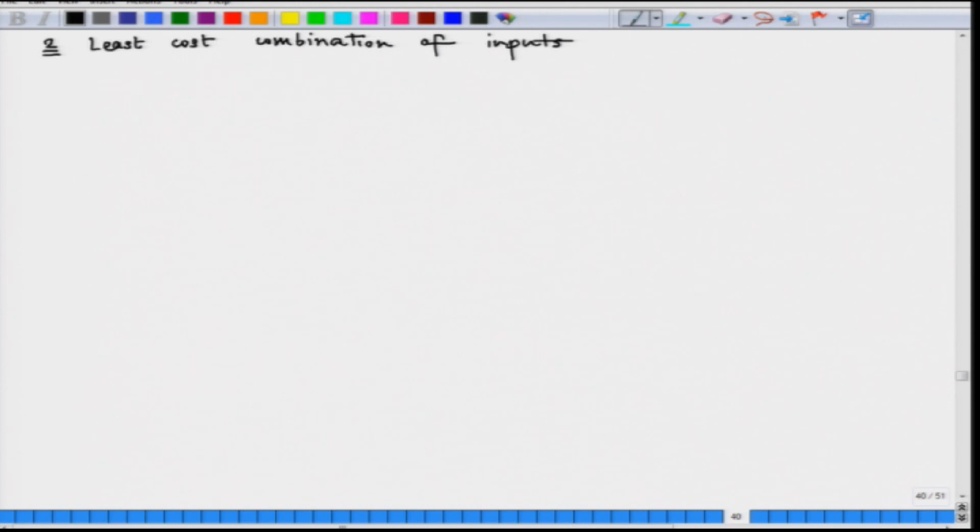So, here straight away we start with the firm's objective function in a mathematical manner. Basically here the problem is of a minimization type. Here the firm wants to minimize the cost of producing a particular level of output.